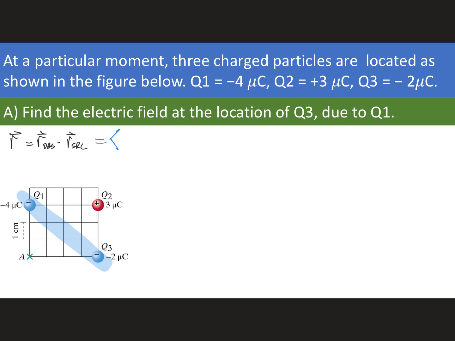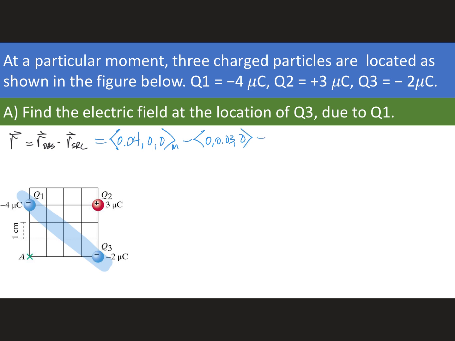So the top two are 3 centimeters up from the bottom row, and the two on the right are 4 centimeters horizontally away. So you're going to have 0.04, 0 for the observation location, and then the source location will be 0.03, 0.